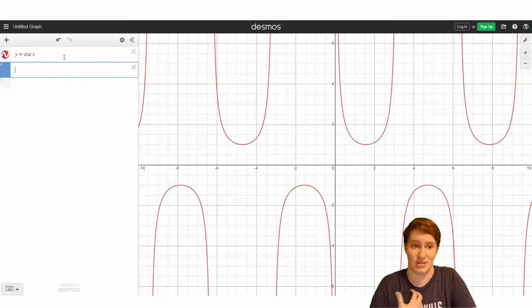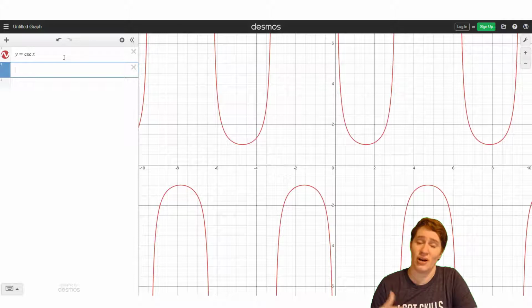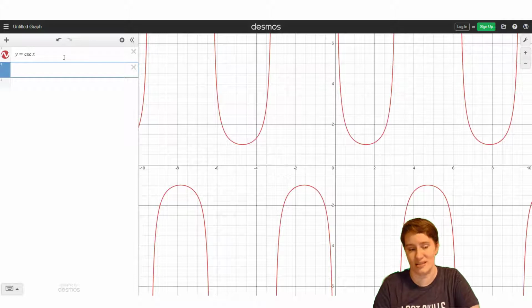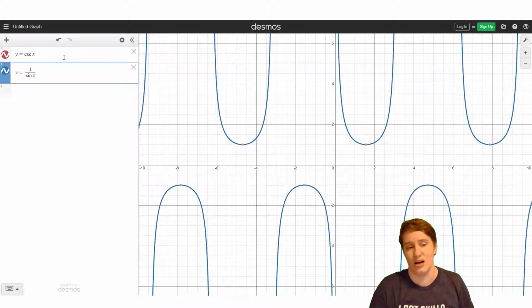By the way, the Inspire has a cosecant button, but if it's an 83 or 84, the reciprocal of cosecant is sine, and there is a sine button. So we type in y equals 1 divided by sine x, and that gives us cosecant. That's a little frustration we have with graphing on the TI calculator.